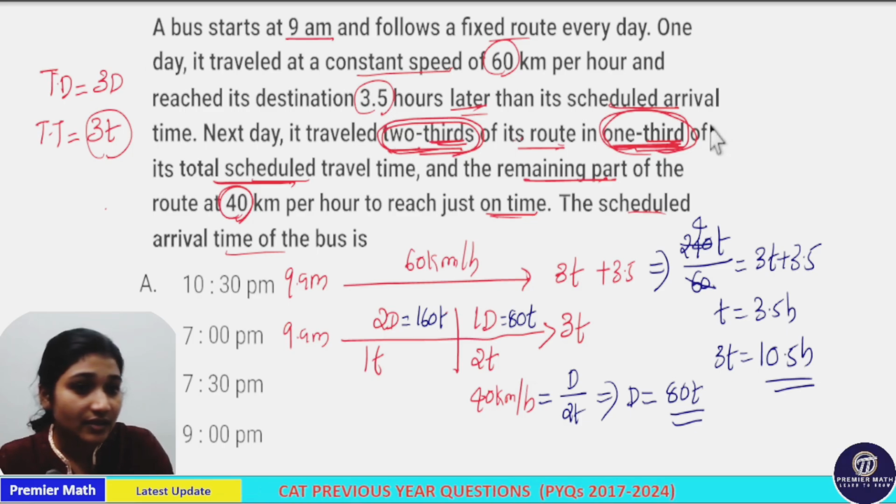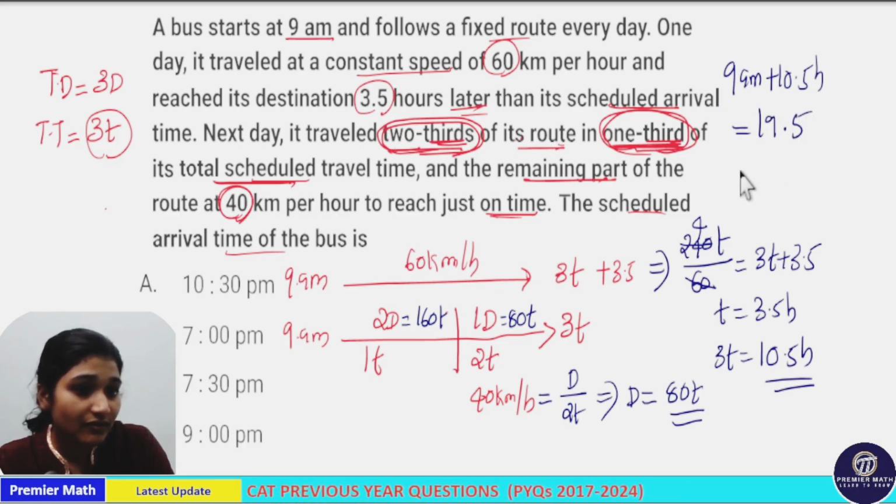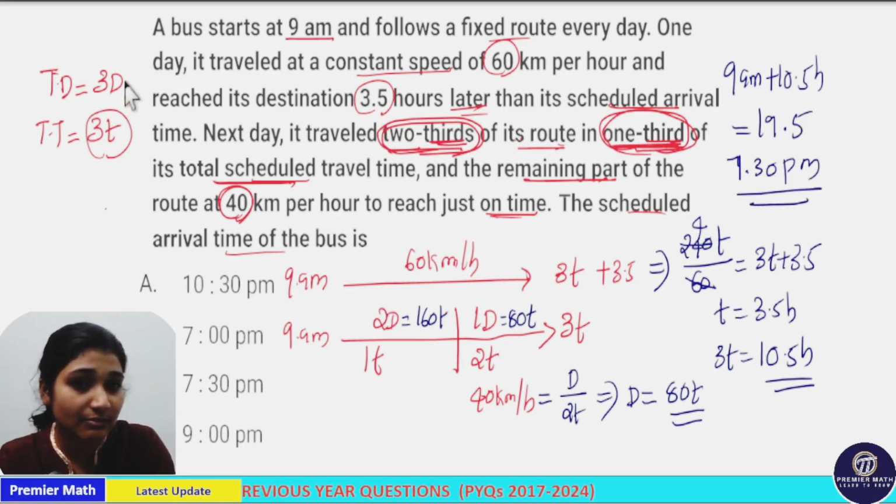If it starts at 9 a.m., it takes 10.5 hours, so it will reach at 9 plus 10.5, 19.5, which means 7:30 p.m. So option C is your answer.